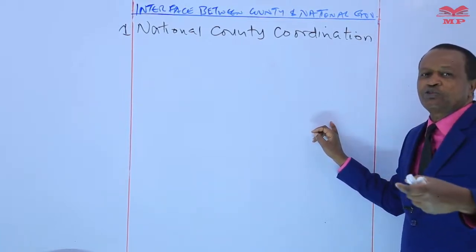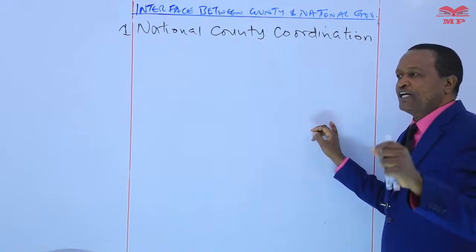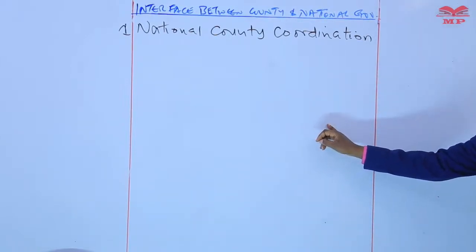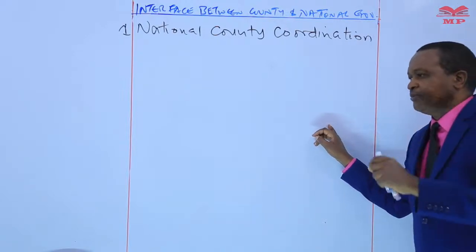The Intergovernmental Relations Act provides for the establishment of the Intergovernmental Relations Technical Committee. This committee facilitates the coordination and cooperation between the county governments and the national government.